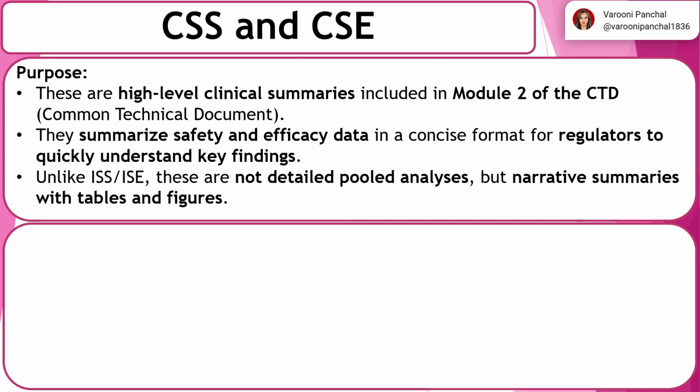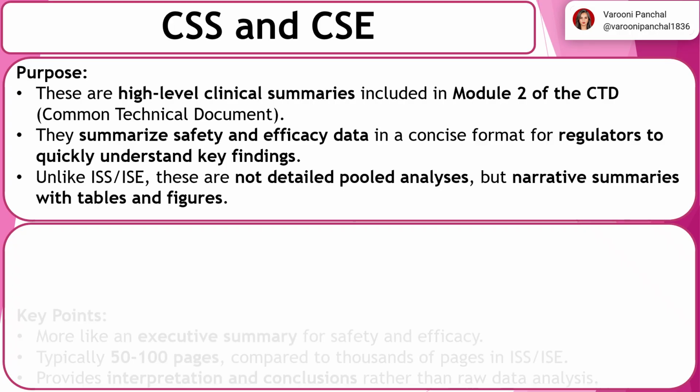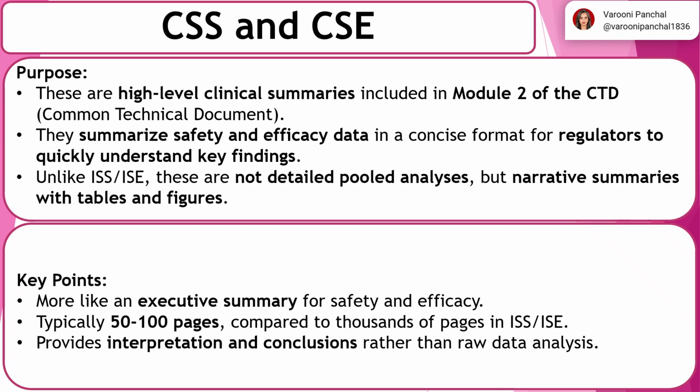So the difference is CSS and CSE are your narrative summaries, whereas your ISS and ISE are nothing but your pooled integrated analysis submission. Now the key points here are that CSS and CSE submissions are more like an executive summary for safety and efficacy.